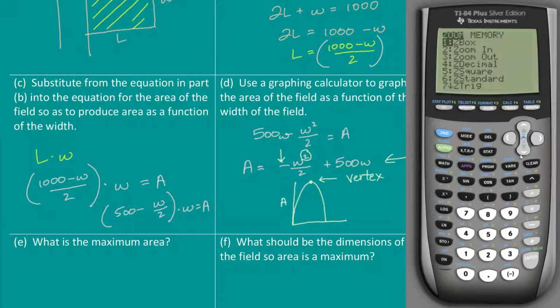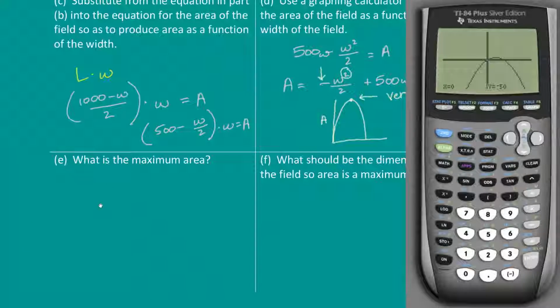You can see it's a very large graph. So I have to continue to zoom out, zoom out, zoom out, zoom out. And now we can start to see the characteristics of the graph a little bit better once I zoom out a significant amount. If we were going to use the maximum function to identify the vertex, that's one way you can approach it.